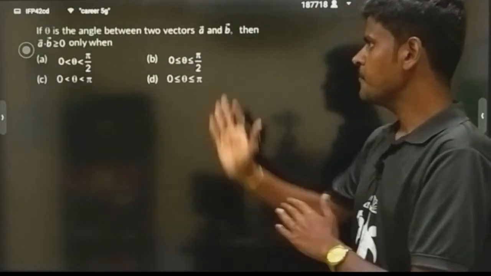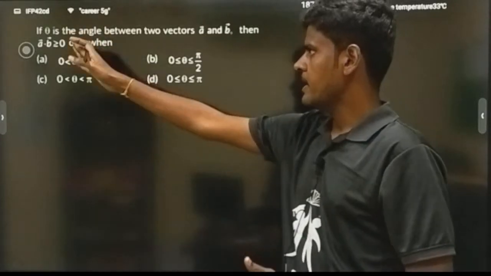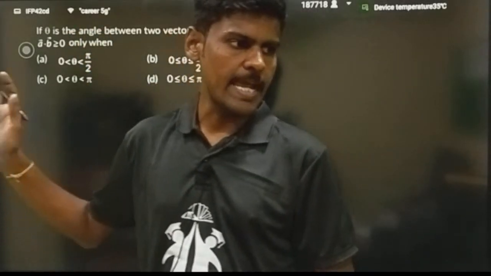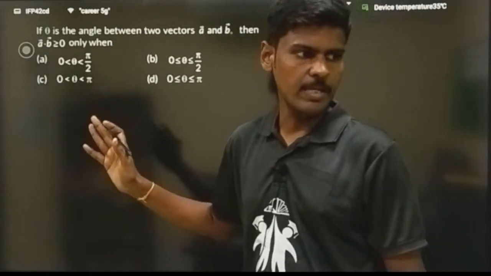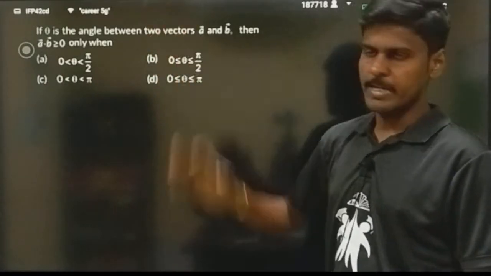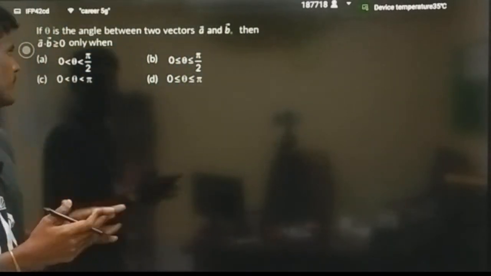Next is a question. If theta is the angle between vectors A and B, then A dot B is greater than or equal to 0. Theta is the angle between the vectors A and B, and when will you get A dot B greater than or equal to 0?